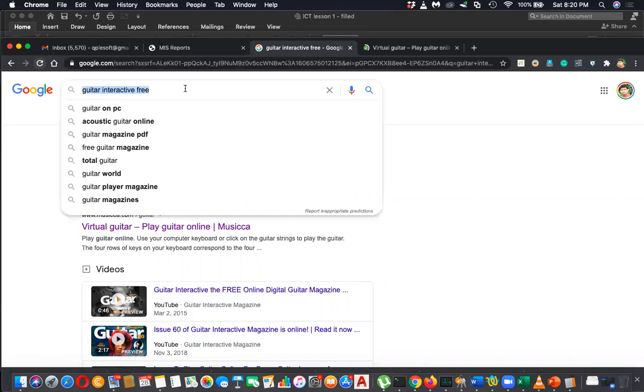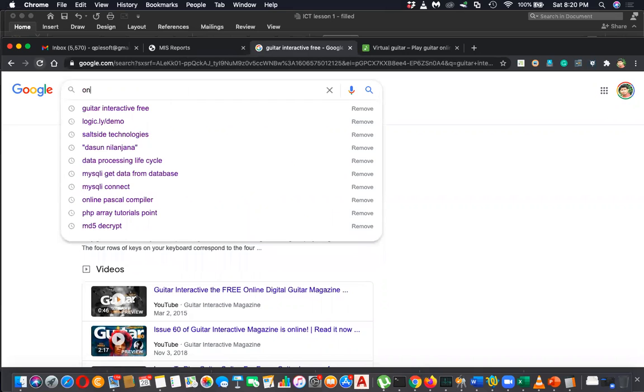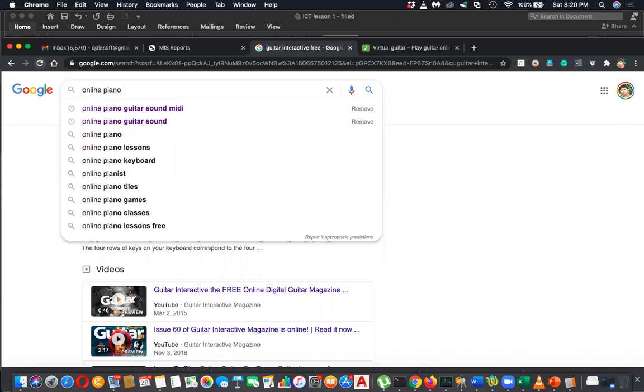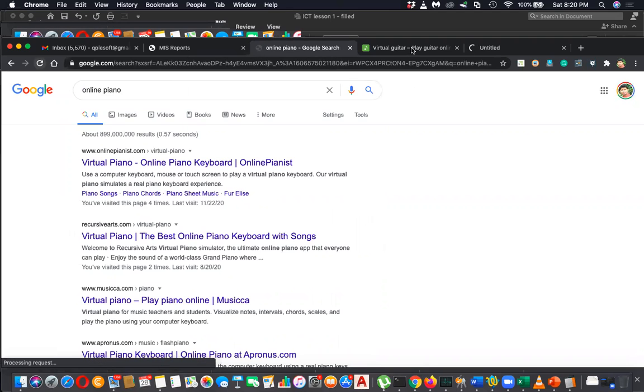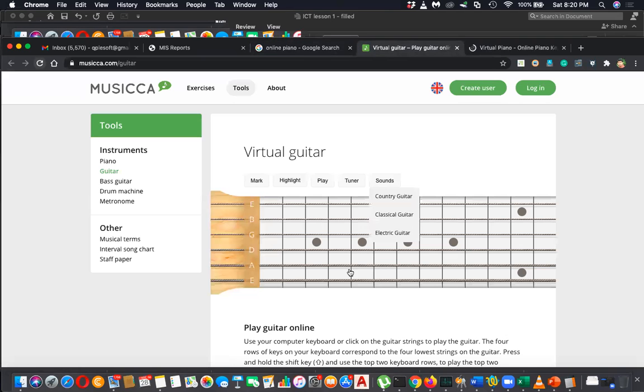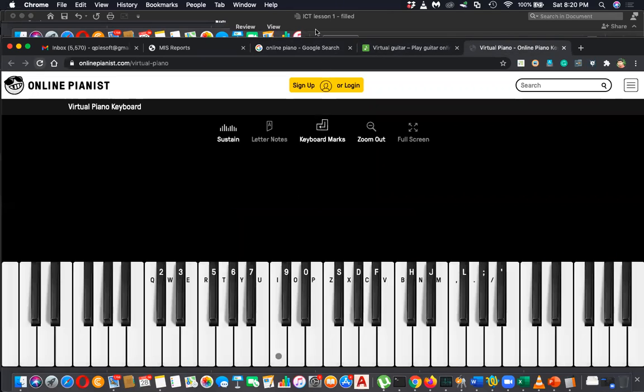And if you want to play keyboard online, online piano, you can just go to online pianist and start playing. This is guitar if you want to learn chording. This is piano. So likewise, if you want to learn music, still IT helps. So in education, it plays vital role and it used everywhere.